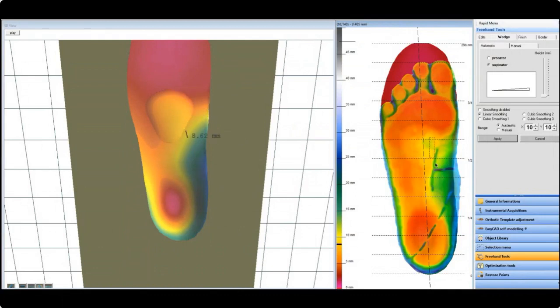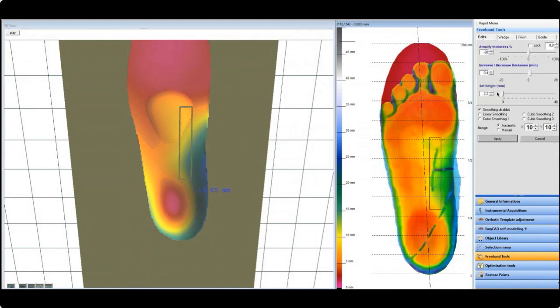I also noted that there was a very prominent plantar fascial slip on the medial column. So I'm now going to put a plantar fascial groove there. And again, we just reduce the material under that area, like so.